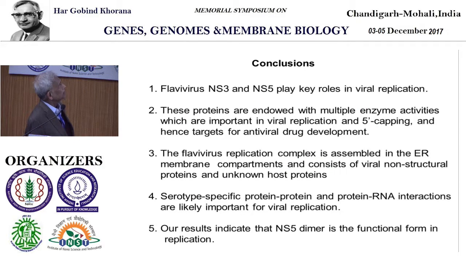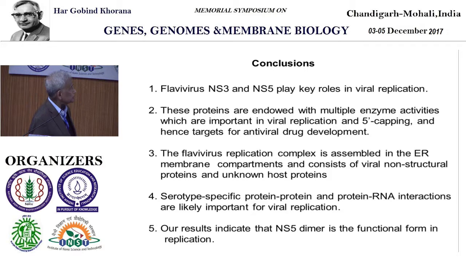So flavivirus NS3 and NS5 play very key roles in viral replication. These proteins are endowed with multiple enzyme activities, which are important for viral replication and 5' capping, and hence these are targets for antiviral drug development. The flavivirus replication complex is assembled in the ER and consists of viral non-structural proteins and unknown host proteins.